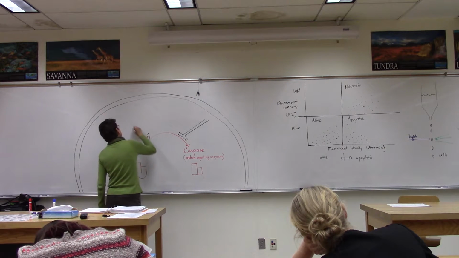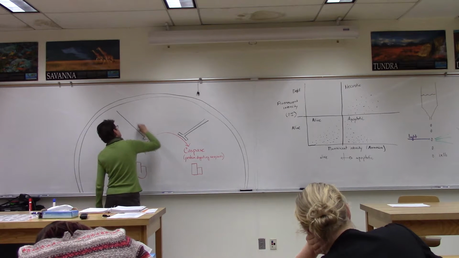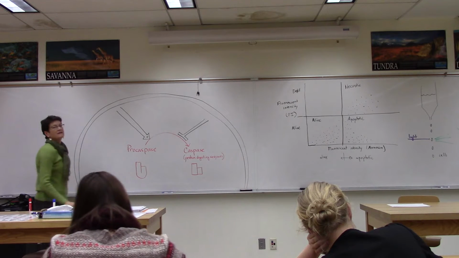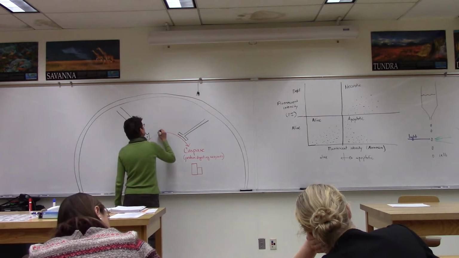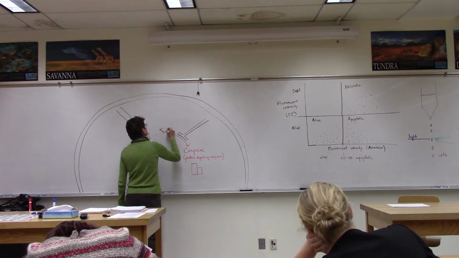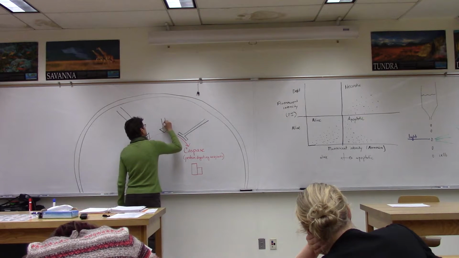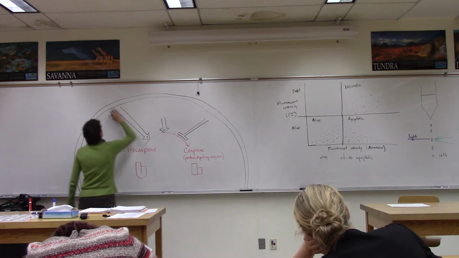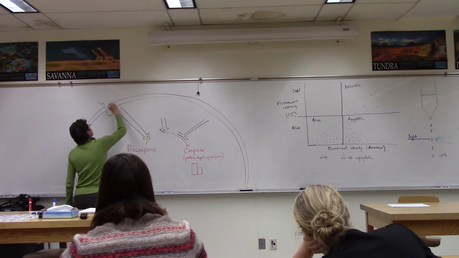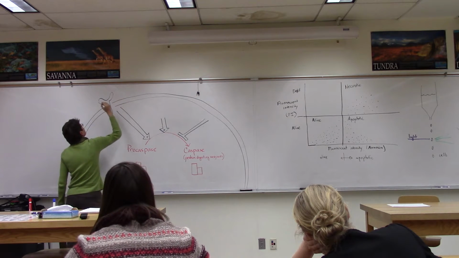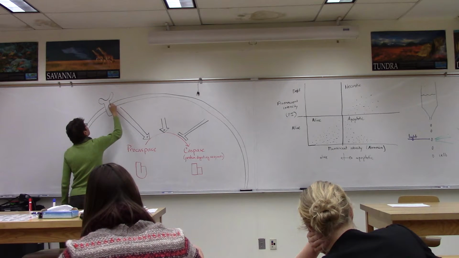There are going to be forces that say commit apoptosis. Some of these commit apoptosis signals are coming from inside the cell. Some of them are coming from outside the cell.